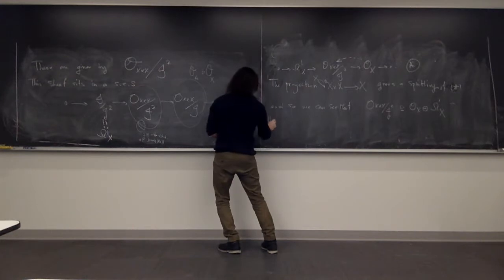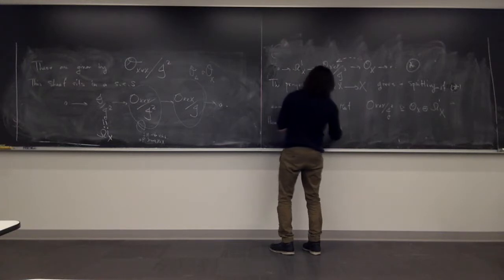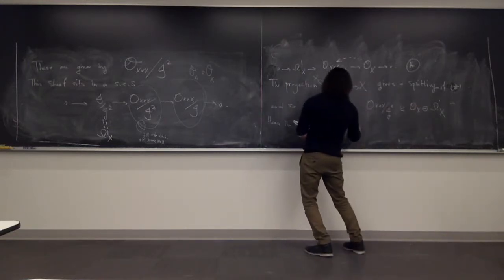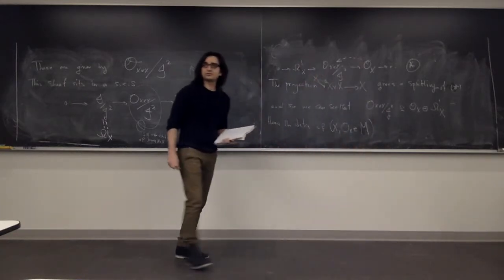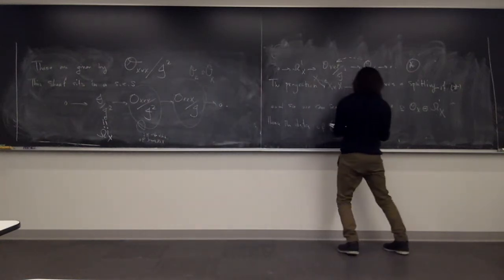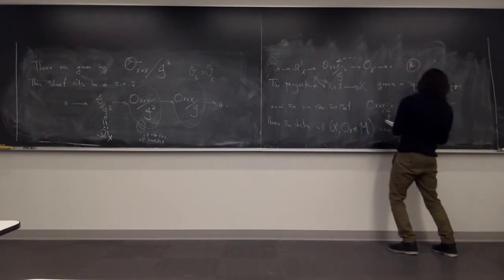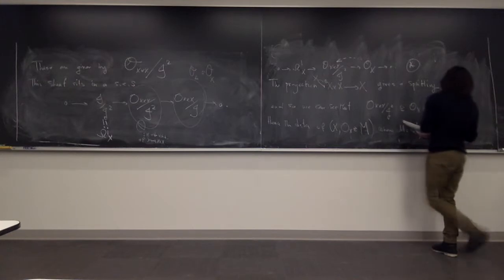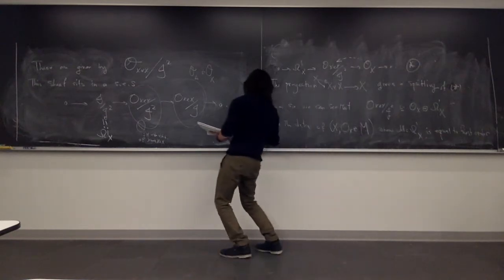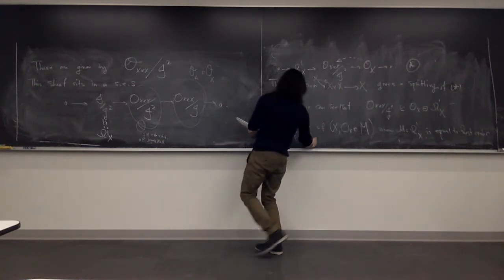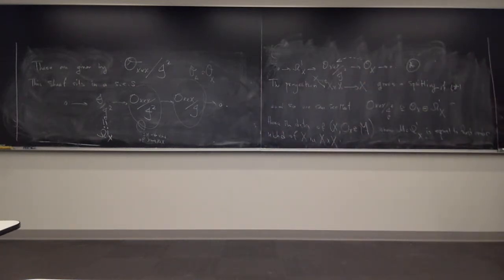Hence, the data of X and this module, so let's call it some M, some module over the structure sheaf of X, where M is the omega 1 of X, is equal to the first order neighborhood of X in X cross X. Okay, I hope that you agree with this.